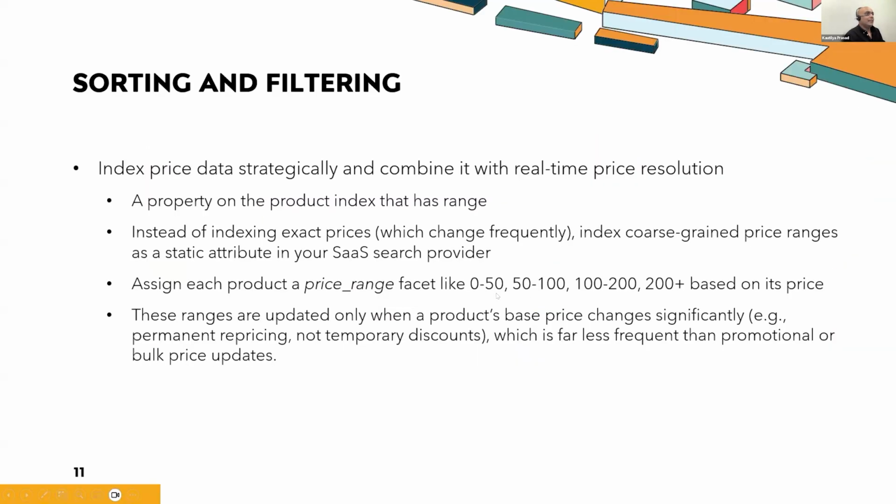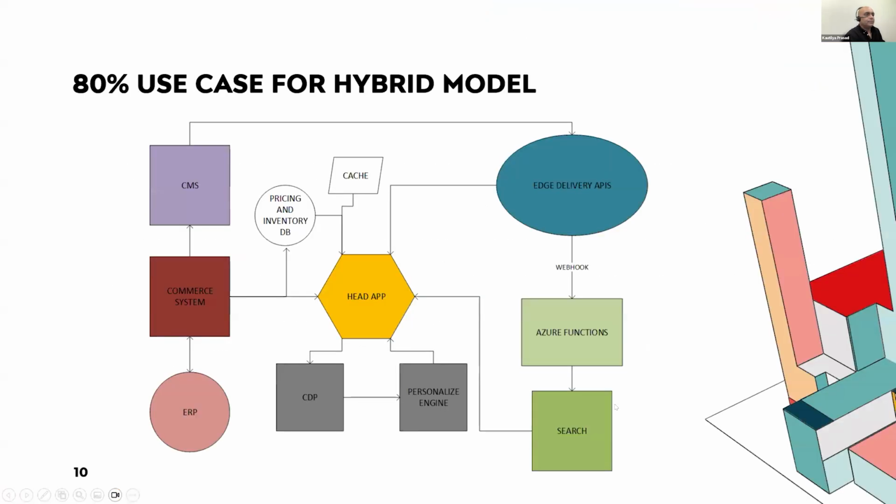So what happens if a product was in 0 to 50 and it moved to this range because the price changed from 49 to 51? When someone filters this, it will come back from search, the product that was 49 and changed to 51.